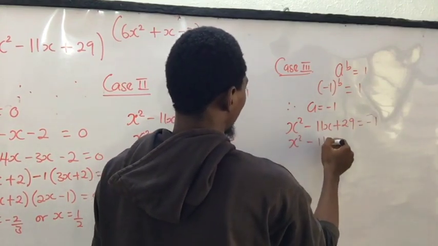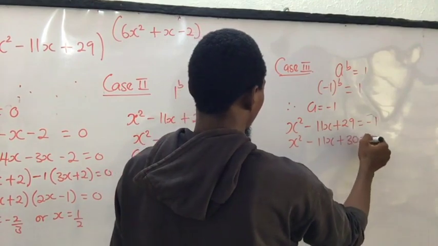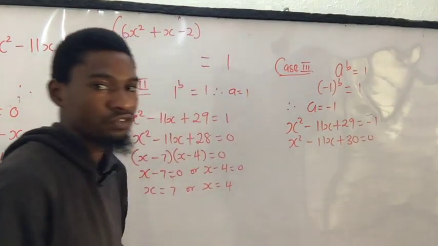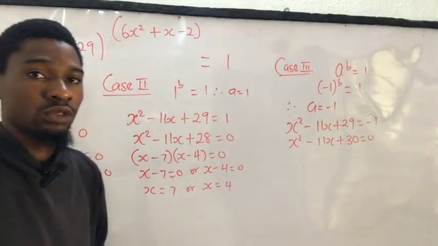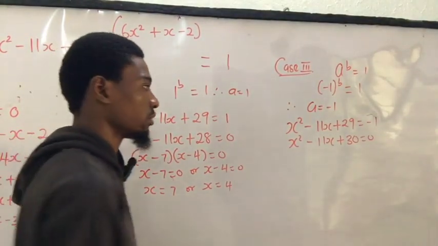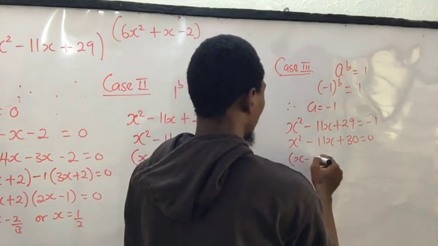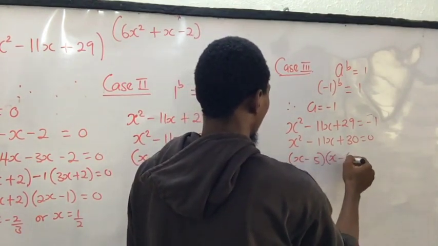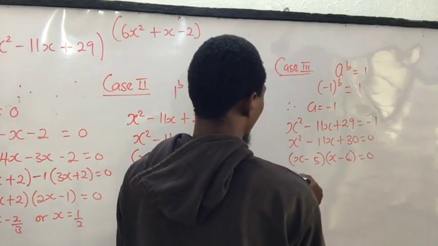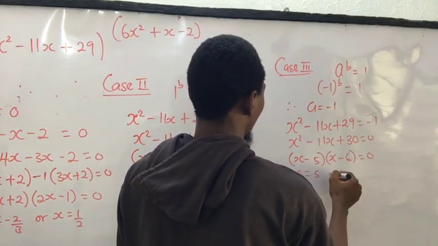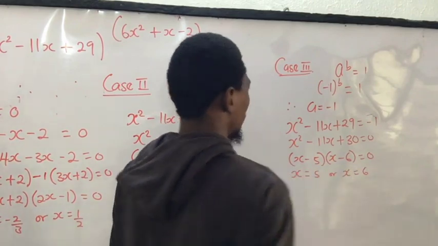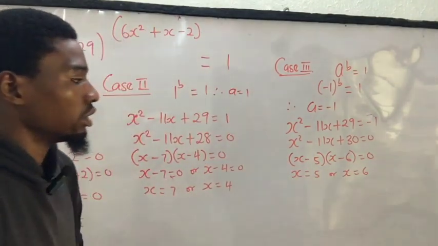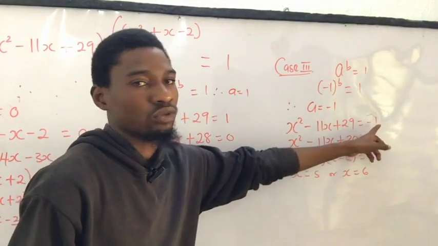X squared minus 11x plus 30 equals 0. Now this is product of 30, sum of minus 11. We can make use of minus 5 minus 6. Alright, so this is x minus 5, x minus 6 is equals to 0. So x is equals to 5, or x is equals to 6.